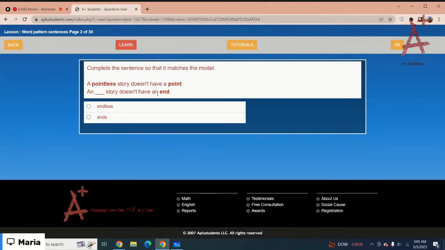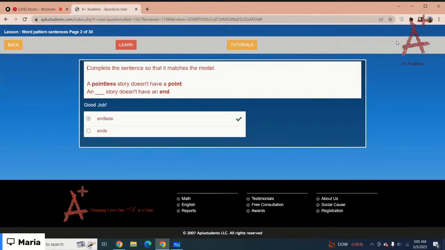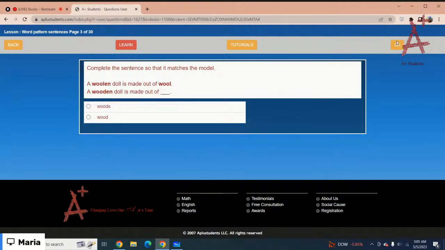It would be endless. An endless story doesn't have any end. So the correct option is endless. Basically, you have to look at the pattern from the first sentence and then you have to put the same pattern in the second one.